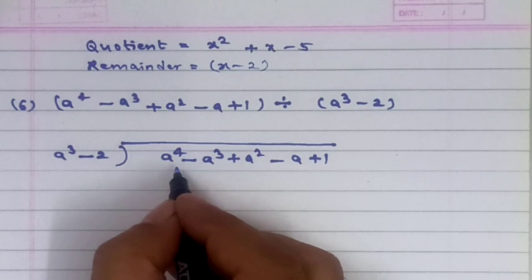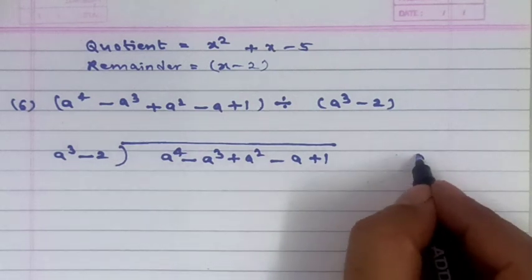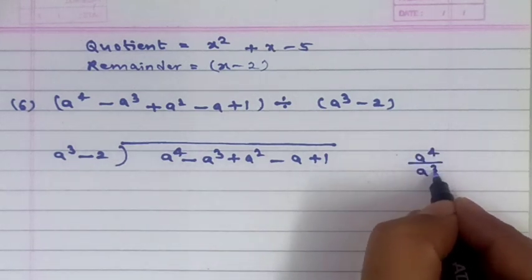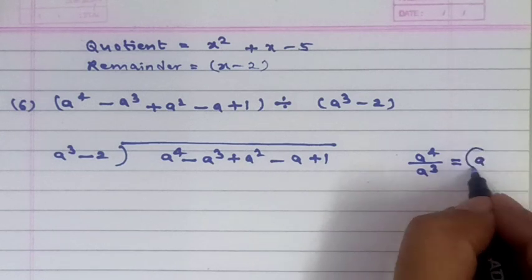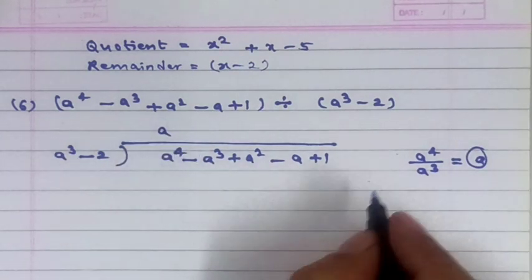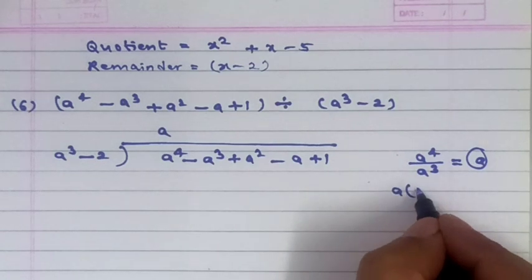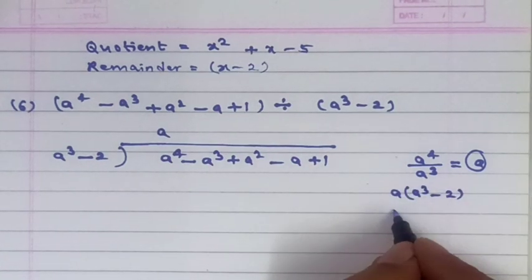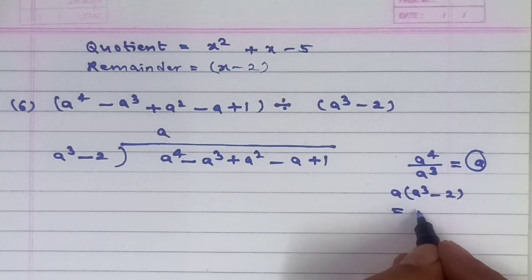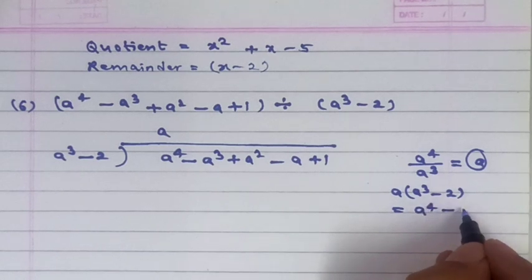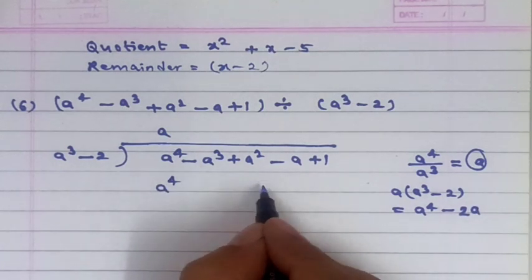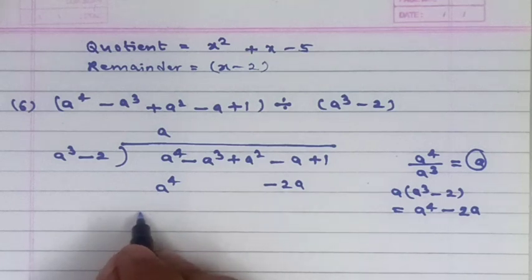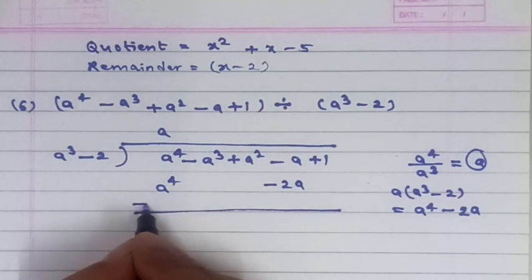When you divide a raised 4 by a cube, you get a. So write down this a here and multiply a to a cube minus 2, and you will get a raised 4 minus 2a. So write down your a raised 4 and minus 2a and subtract.